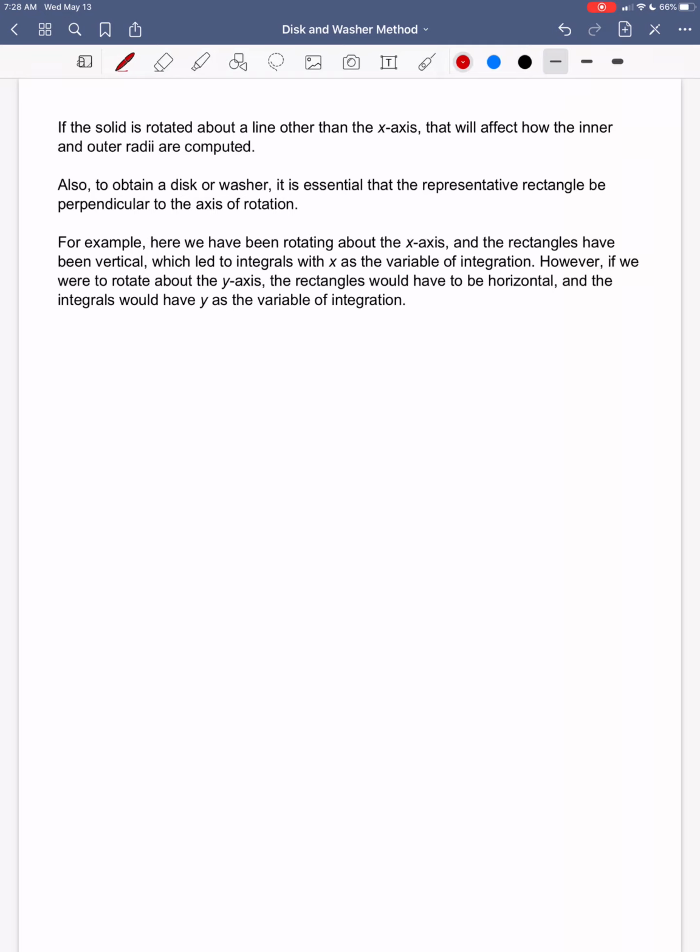If I take a rectangle and rotate about the x-axis, the rectangle would be doubled like this, and it's being rotated, so it's not as pretty as what I had before.